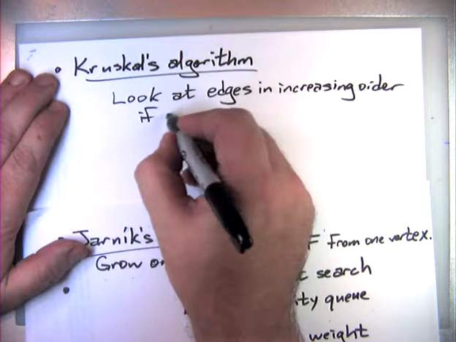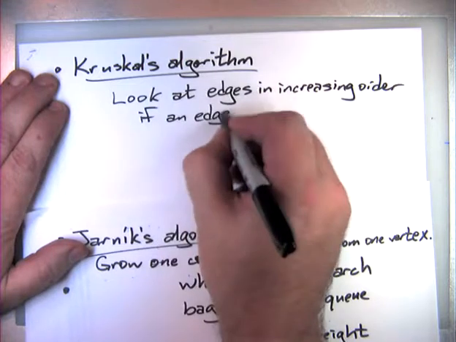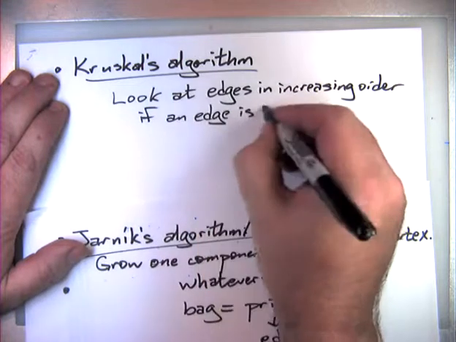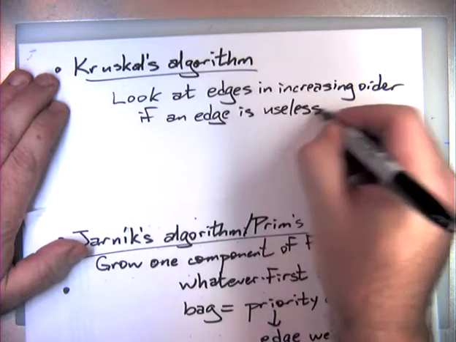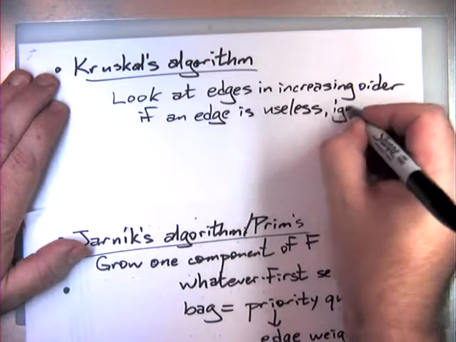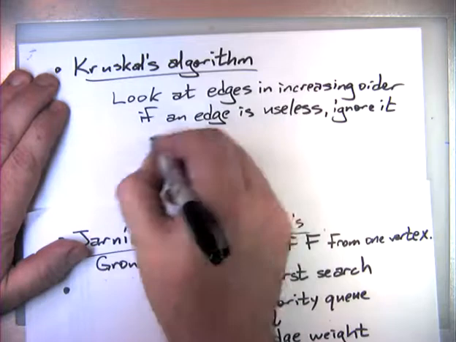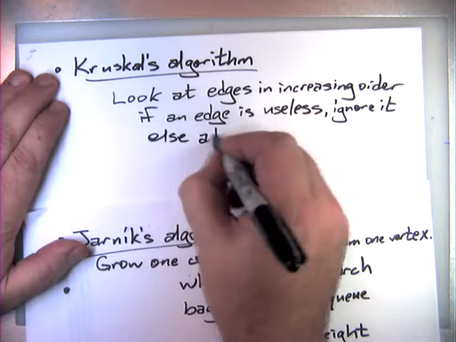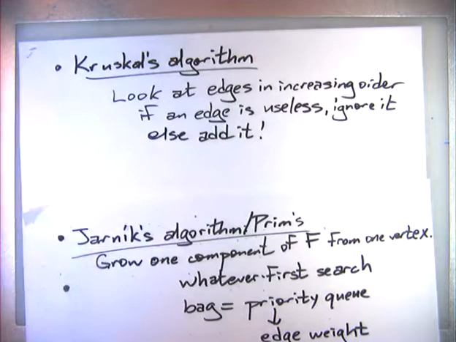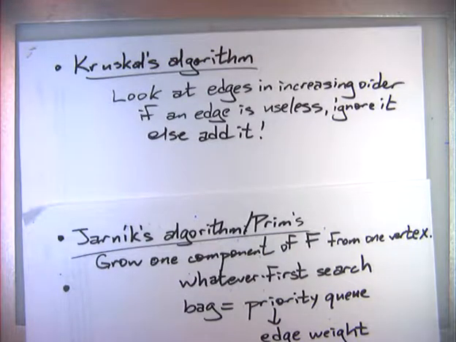If an edge is useless, ignore it. Else, it's safe. Add it. So I'm looking at the edges starting at the lightest edge and moving up in increasing order of weight. If an edge has both endpoints in the same component of F, by definition it's useless and I can throw it away.